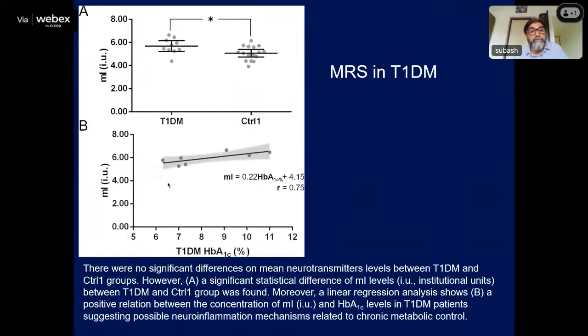As the HbA1c increases, MI also increases. It's showing a very strong correlation coefficient of 0.75 between MI and HbA1c. So these people may also develop dementia or Alzheimer's if the diabetes remains uncontrolled. They are more prone to dementia and Alzheimer's disease.